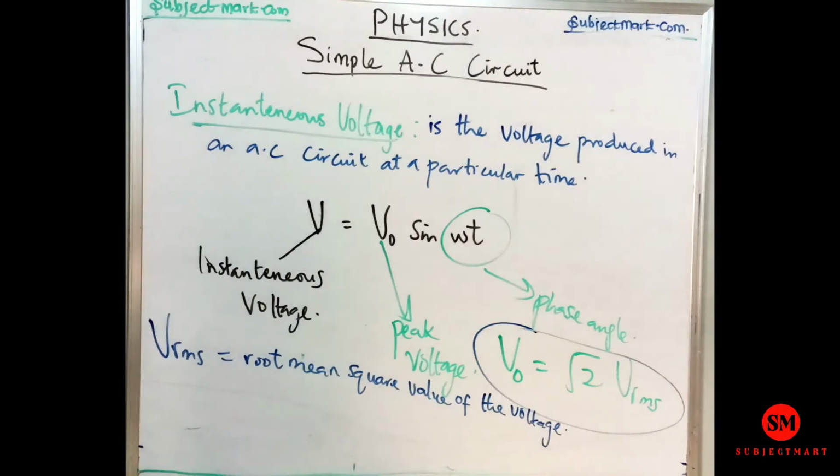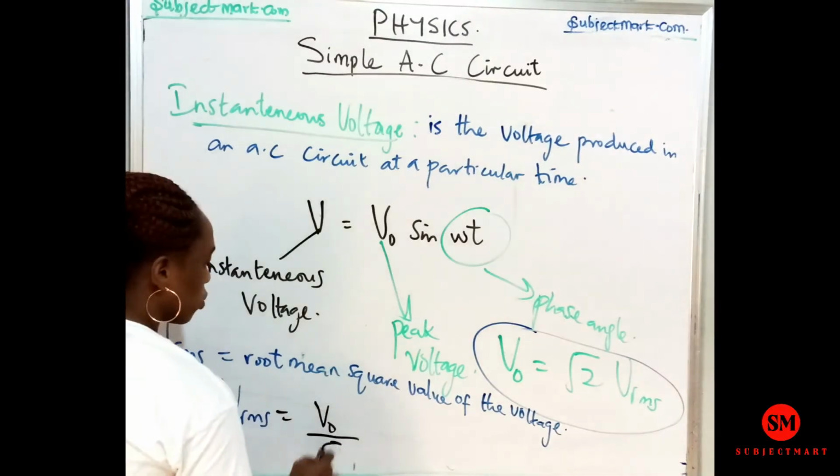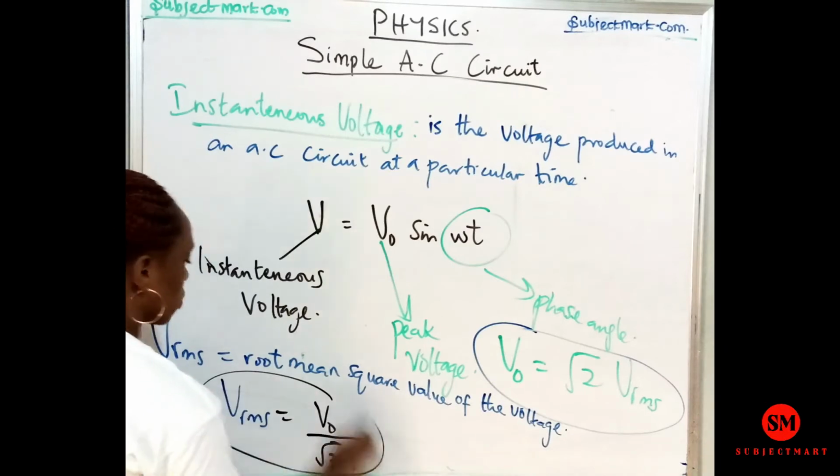The same voltage that produces the same effect as that of an AC circuit is called the RMS voltage, which is given by V RMS is equal to V naught, which is the peak voltage, over root 2.